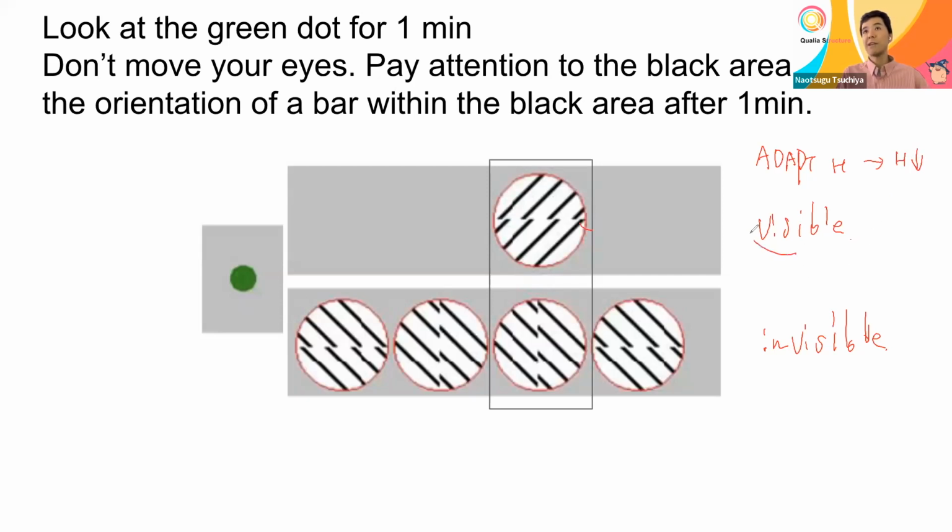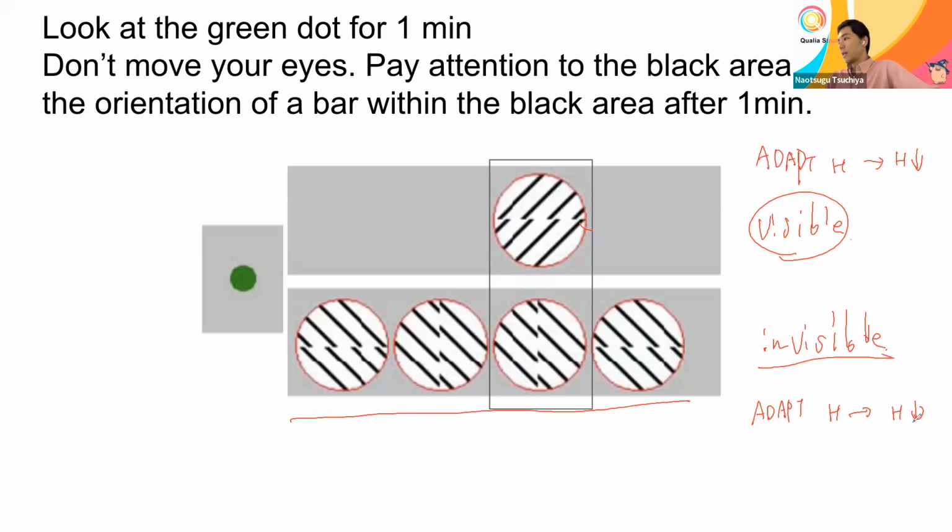Okay, this is a case of the visible situation. Then what do you think when you use this stimulus, the invisible adapter? Does adaptation to the horizontal make horizontal later on invisible or what? So that's a question.